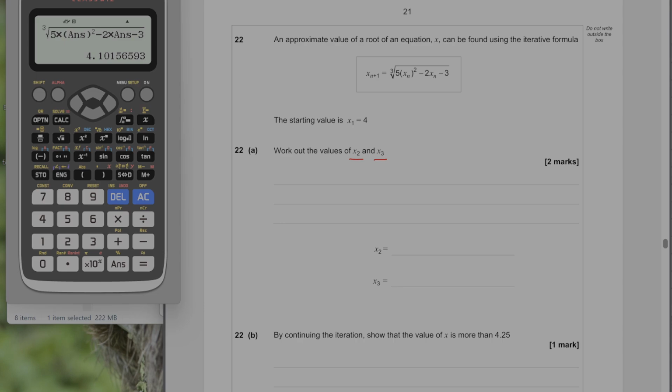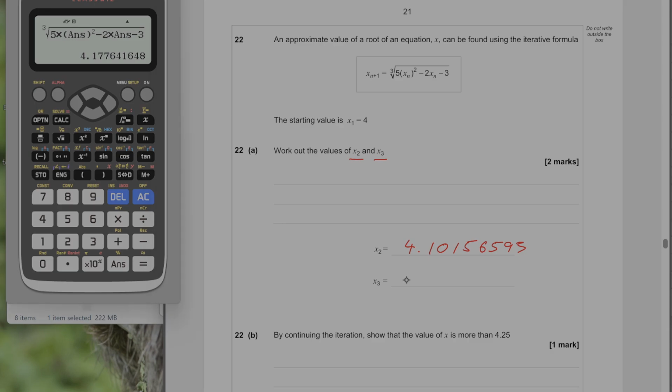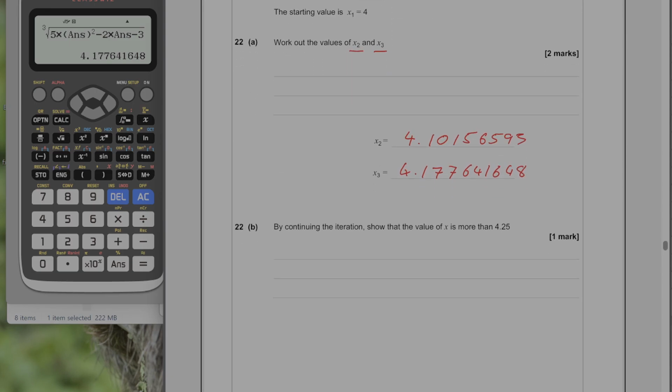So I've got 4.10156593 and then 4.177641648.